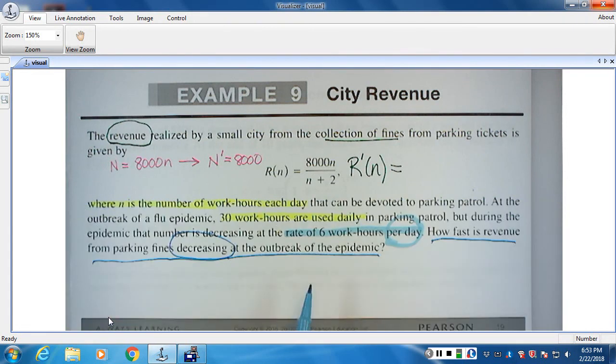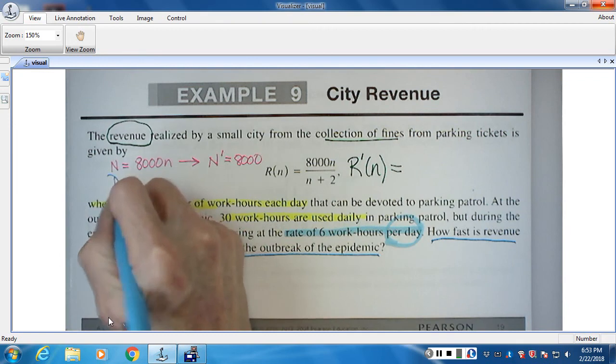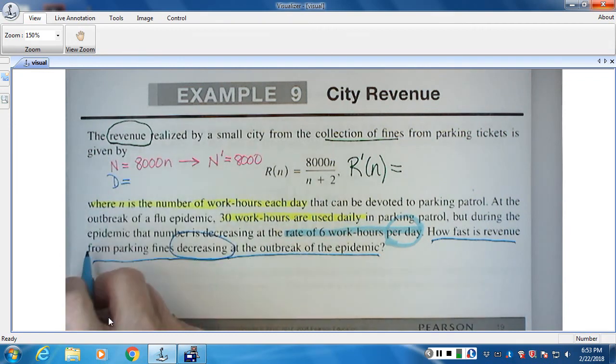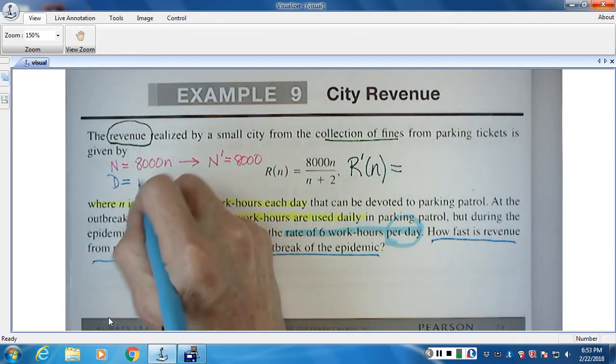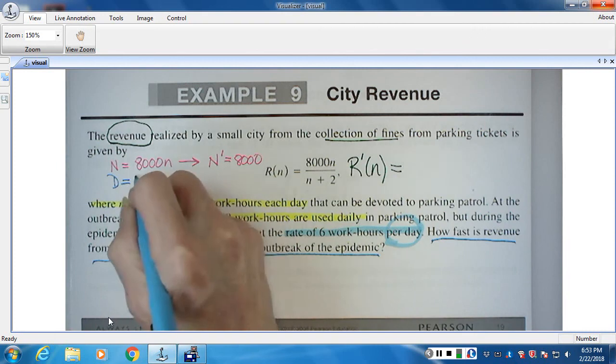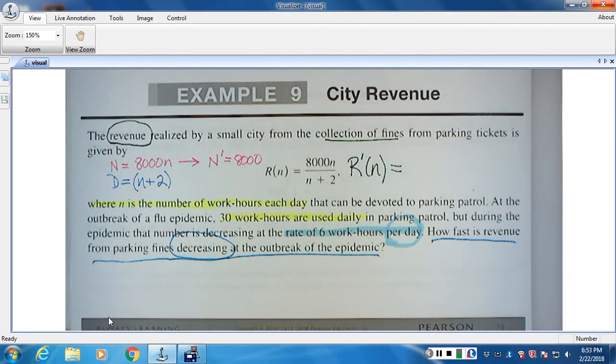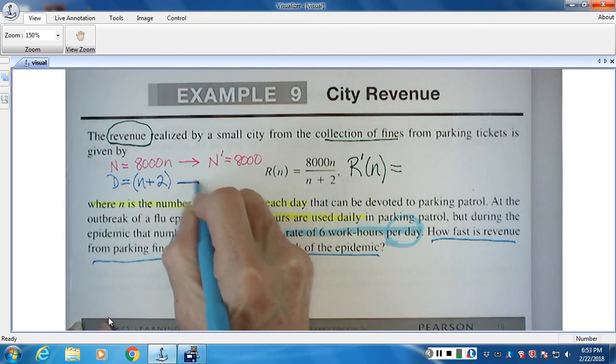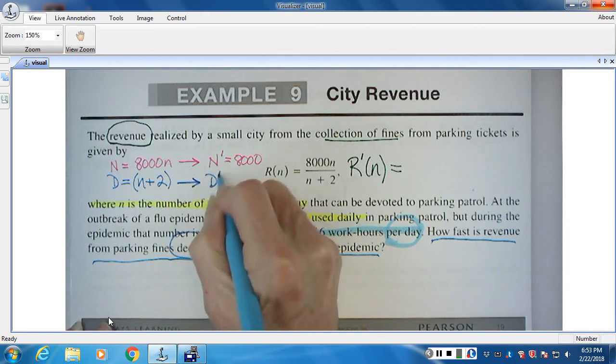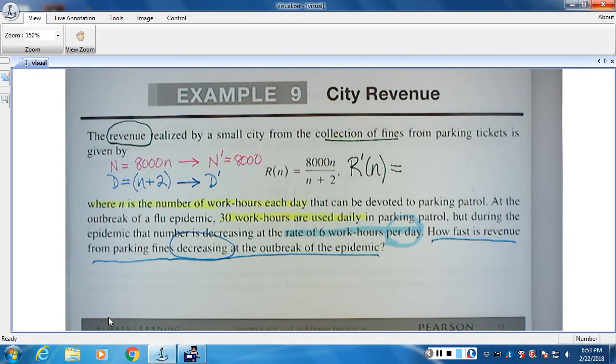The denominator of the function is n plus 2. And the derivative of that denominator is just 1.